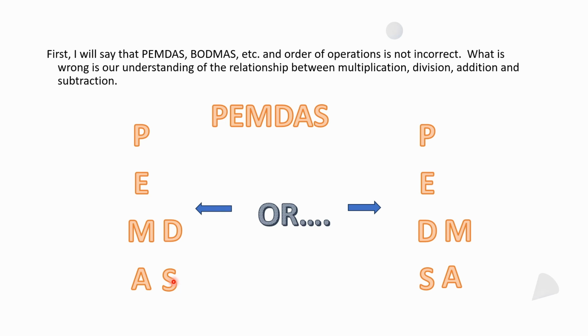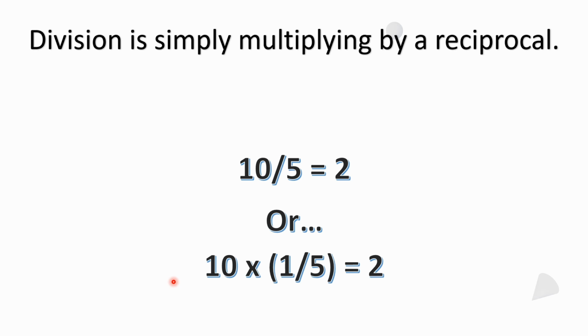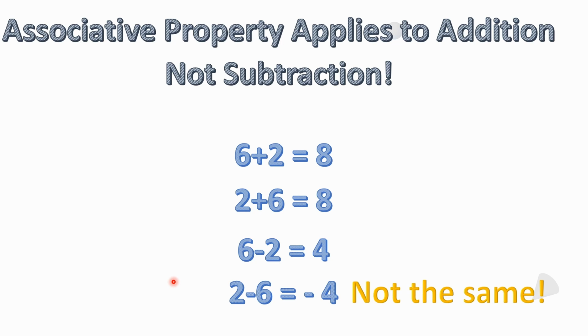It's the same operation, same precedence. Division, again, is simply multiplying by a reciprocal. 10 divided by 5 equals 2, right? I could also write that 10 multiplied by 1/5 equals 2. Division's multiplying by a reciprocal.